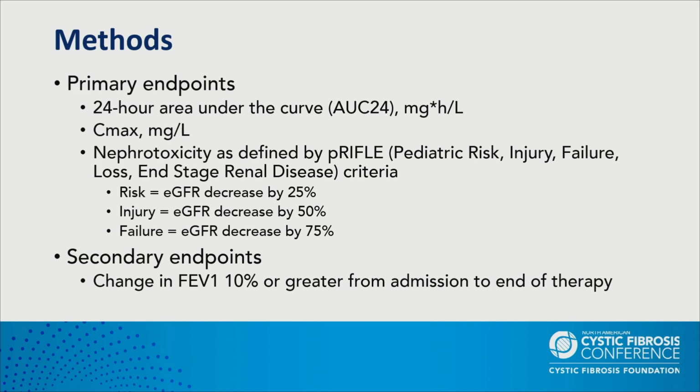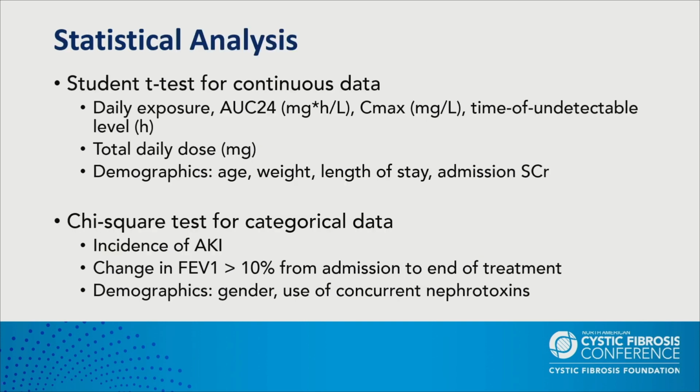Our primary endpoints were to look at drug exposure defined by an AUC 24, peak defined as Cmax, and nephrotoxicity as defined by the pediatric RIFLE criteria, as seen on the slide here. Our secondary endpoints looked at the change in FEV1, 10% or greater, from admission to the end of therapy.